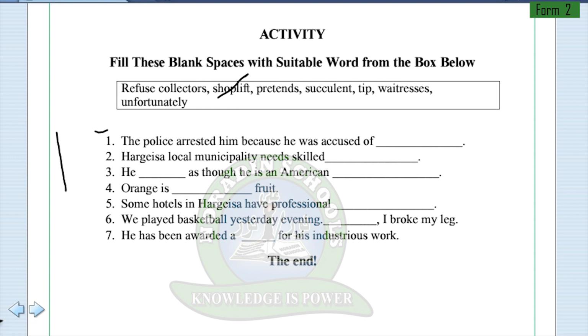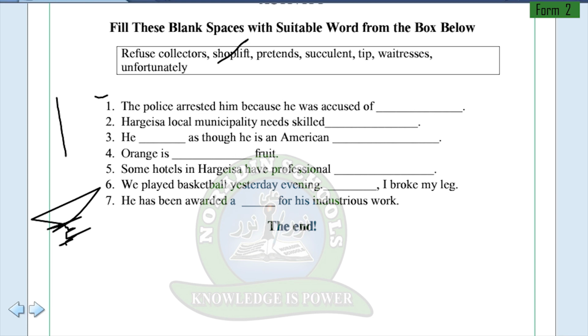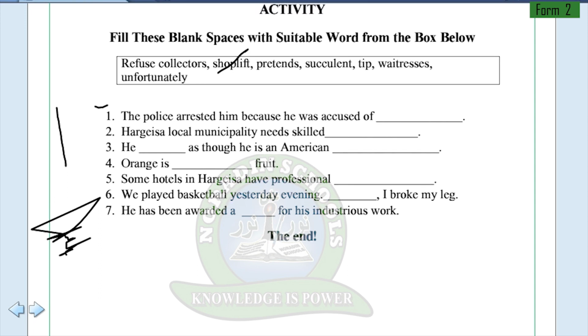Shoplift. Thank you very much. Well done. He was accused of shoplift.